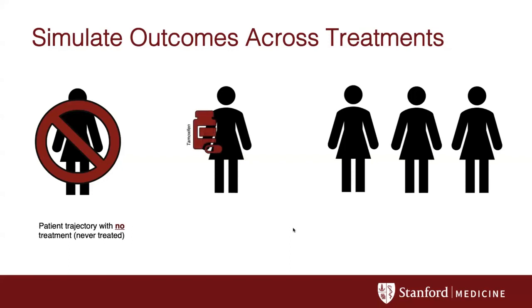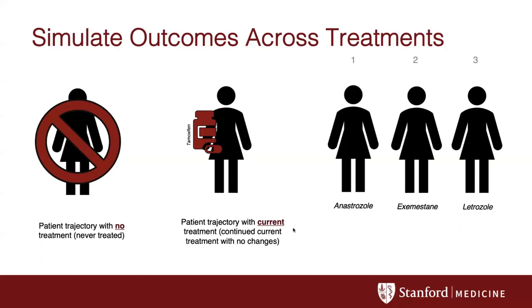I might then say, well, what happens if they get the standard of care? So this is the current treatment. I want to know where their outcome will be in the next 30 days, 1 year, 5 years, however you want to define that. But then unique to the digital twin, I can say, well, let me start simulating the outcome of this single patient across these different treatment options.